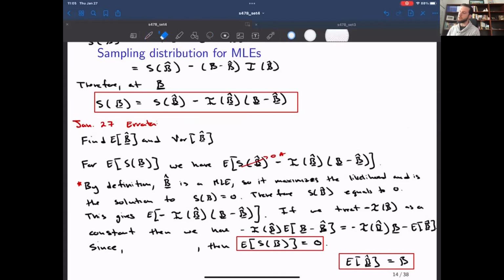All right. Now, what we were going to say is, so we have the score function around the vector beta is equal to S of beta hat minus the information matrix at beta hat multiplied by beta minus beta hat. Okay, so that's in the red box right above my January 27th line. Let's call this equation 1 maybe.